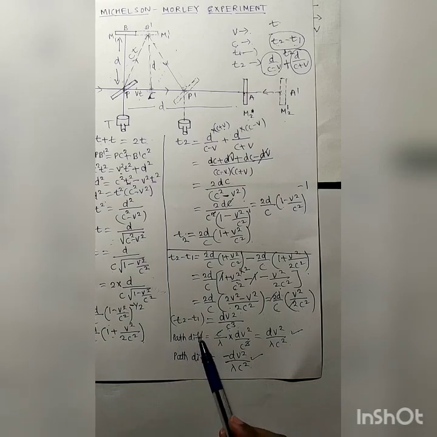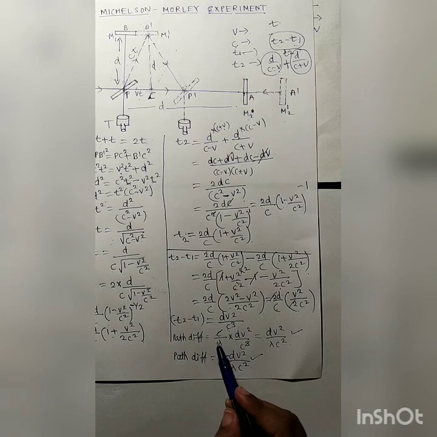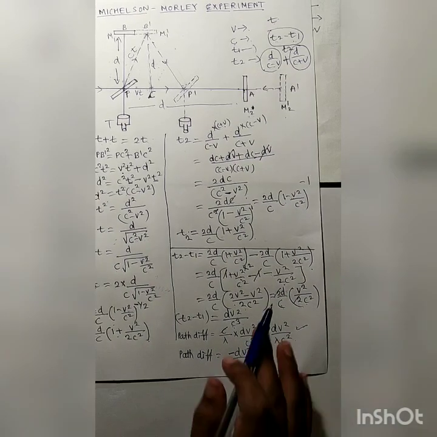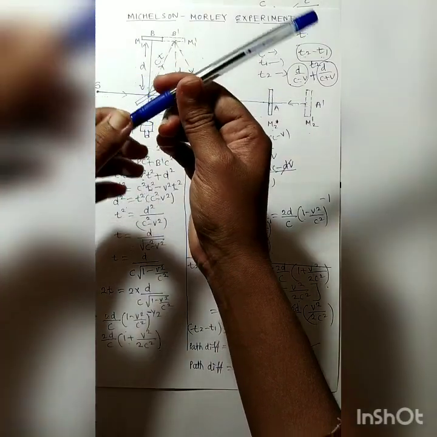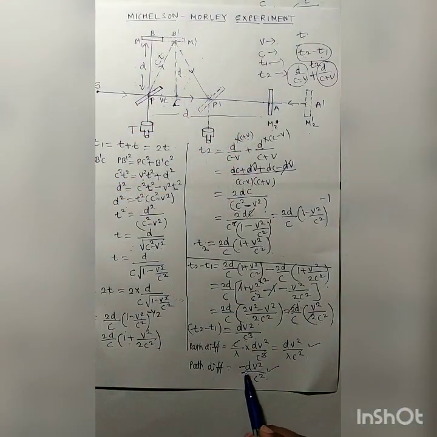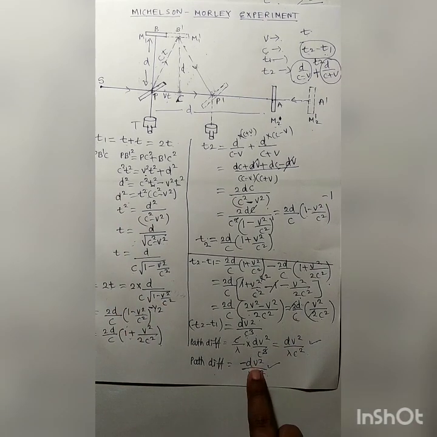That's why the path difference we will calculate by using the formula c by lambda into time difference. So substitute the time difference value, you will get a certain value. The same setup, if you turn through 90 degrees, you are getting path difference equal to minus of the same quantity. Same thing we will apply, we will get this result.